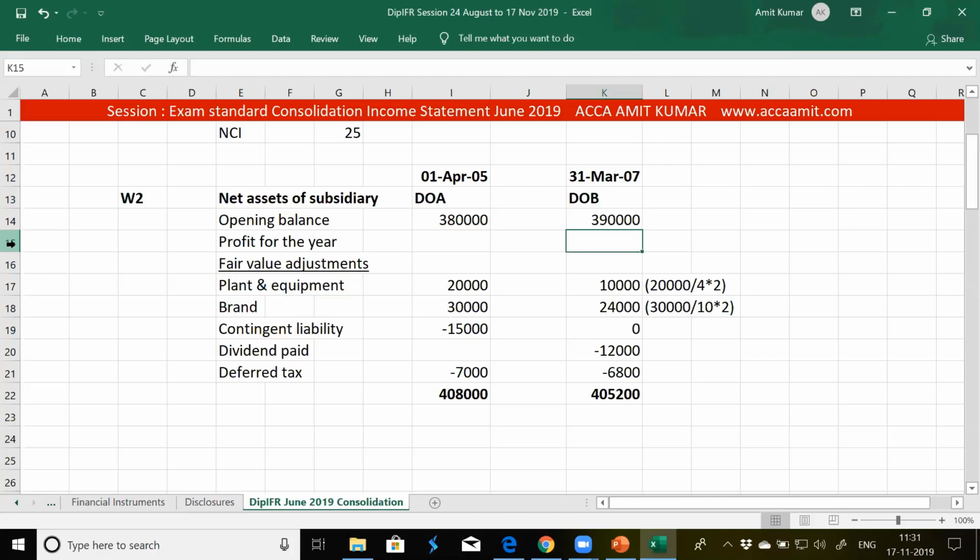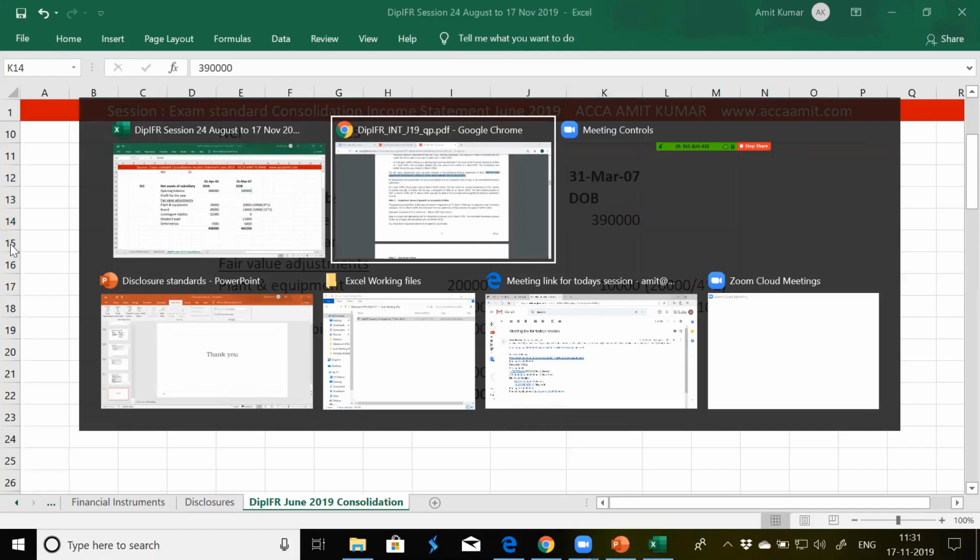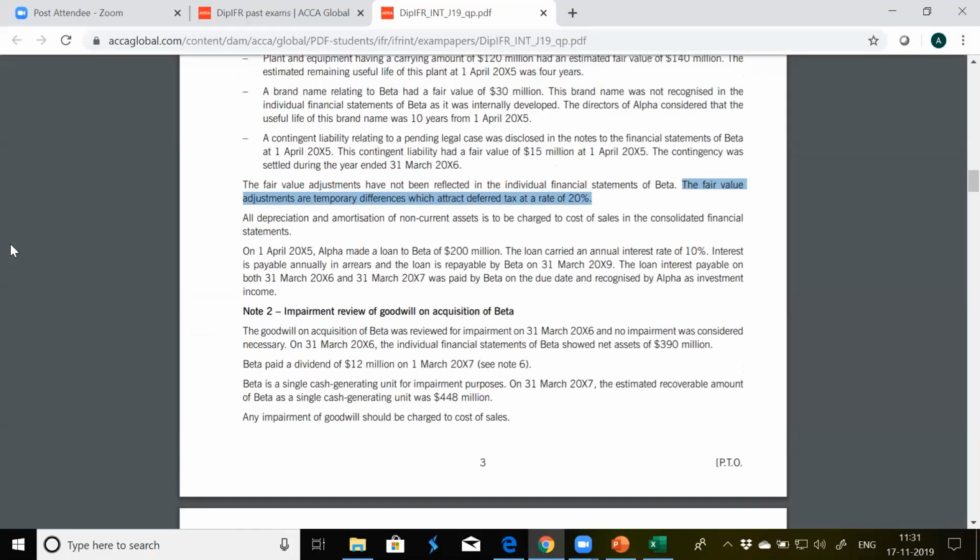So this is the opening balance of 31st March 2006, net assets on 31st March 2006, but there is an increase in these net assets during the year, and these adjustments had not taken place. So how much is the increase in the net assets during the year? Where will we get this information from? From the income statement?